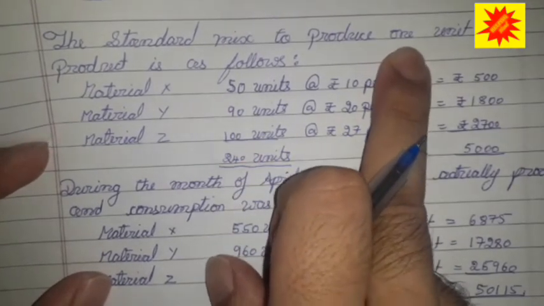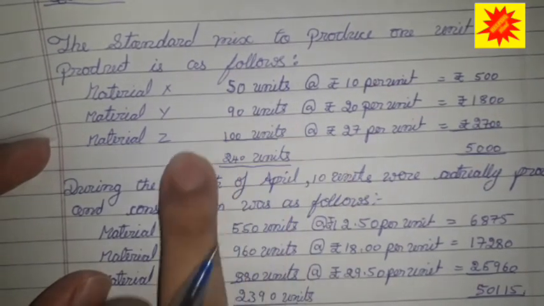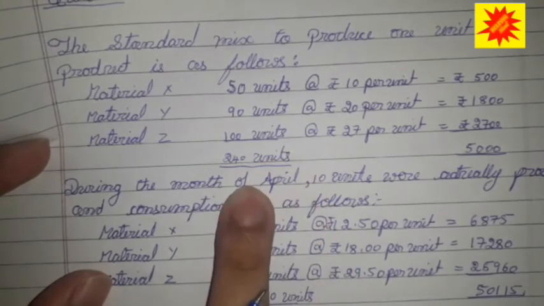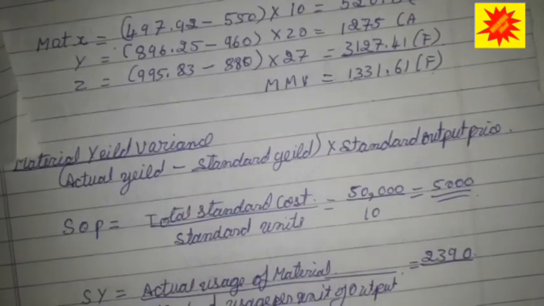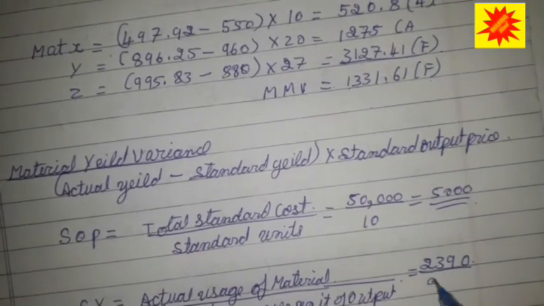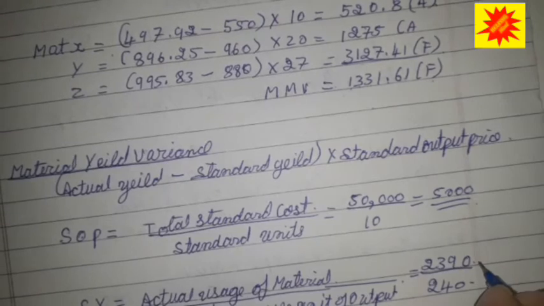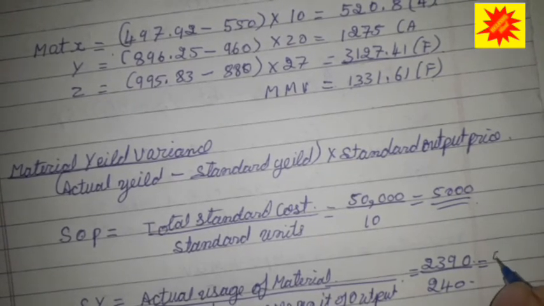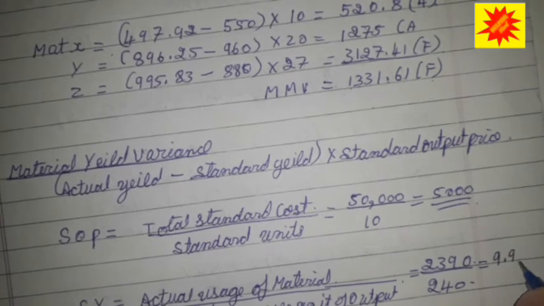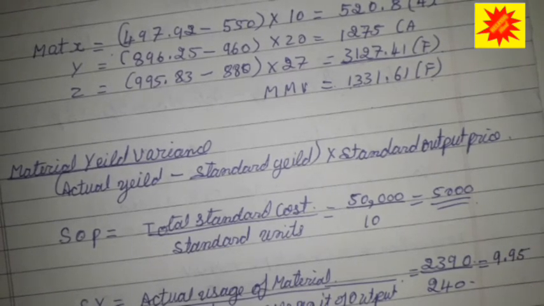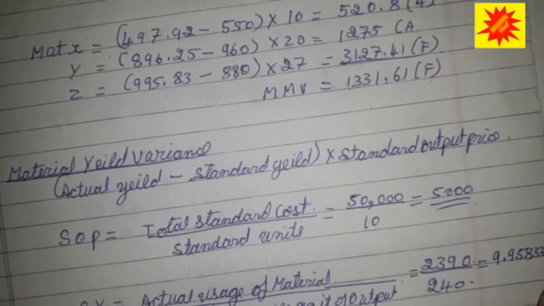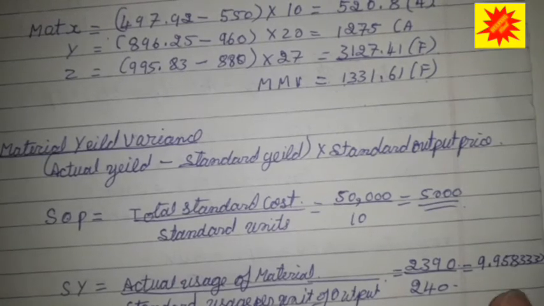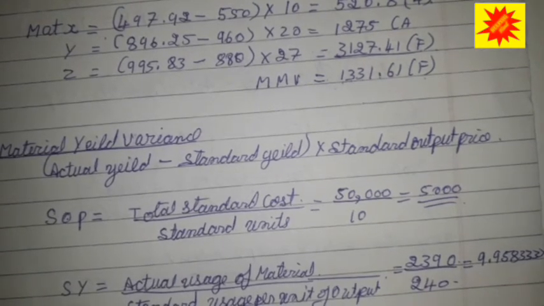To produce 1 unit, what is the cost? That is 240. So this is to be considered as standard usage per unit of output. So 240 will give us 9.9583333 and so on. Don't round it off, it is very much important. Keep it as it is, at least keep two threes.